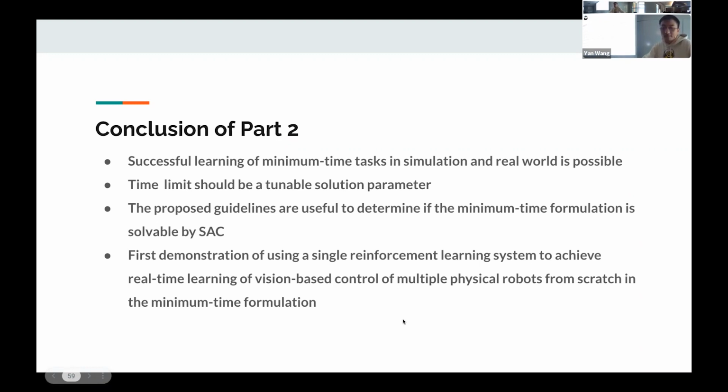We established that the time limit should be a tunable solution parameter instead of a problem parameter in the minimum-time task. We also outlined useful guidelines that practitioners can use to determine if the minimum-time formulation is suitable for their tasks. Our work is the first demonstration of using a single reinforcement learning system to achieve real-time learning of vision-based control of multiple physical robots from scratch in the minimum-time formulation.